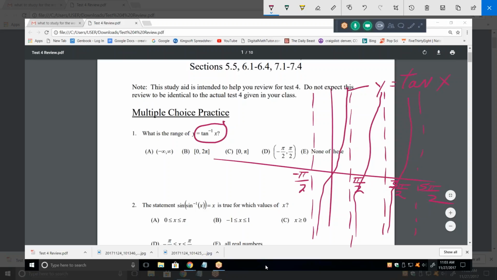Negative pi over 2 to pi over 2, plus any multiple of pi. So maybe you would write that as minus pi over 2 to pi over 2 plus any multiple, which I could call k or n, of pi.